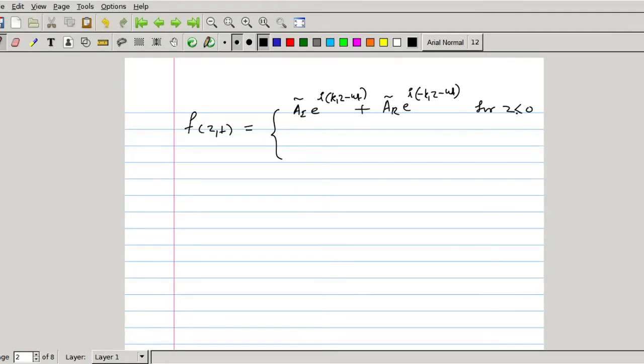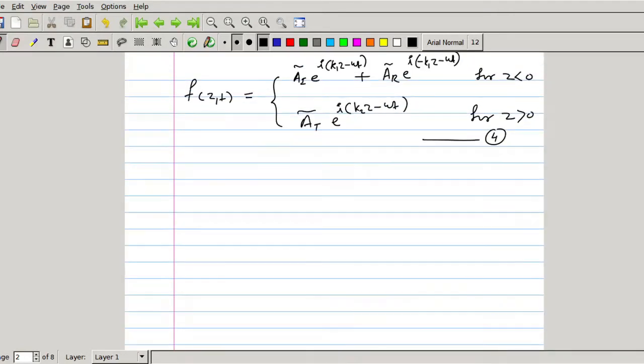So this is for z less than 0, and for z greater than 0, we can write it as A_t e raised to i(k2 z minus omega t). So this is equation number 4. So this represents the wave for z less than 0 and z greater than 0.